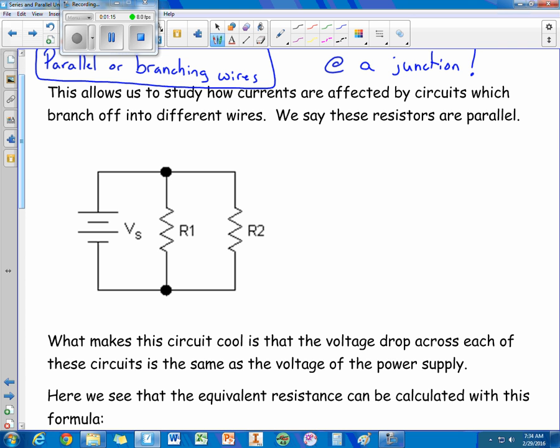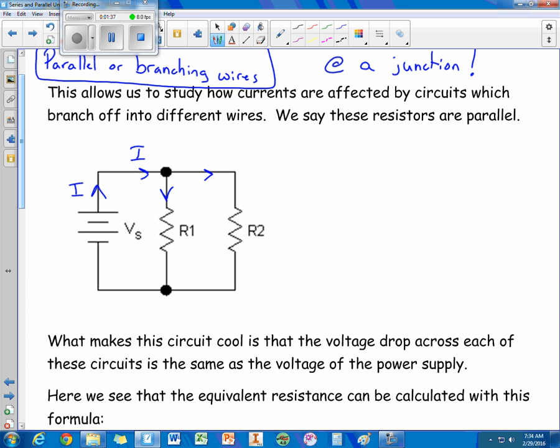All right, so let's take a look at this circuit here. We got our power supply, so that means we have a main current coming off of it. Now, when a current encounters a junction like this, sometimes junctions are called nodes, it will split. Some of the current will go one way, and the other current will go the other.